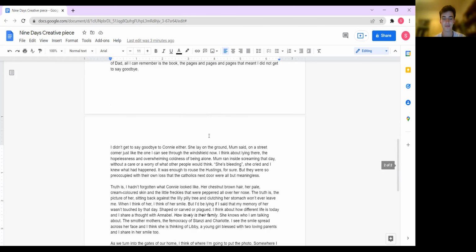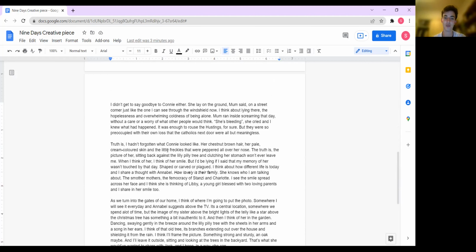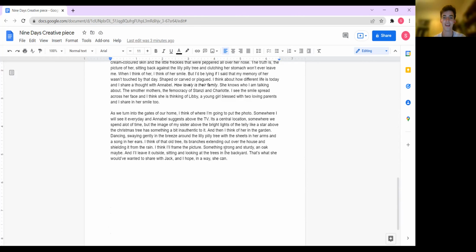It escapes me. Okay. If you do include a simile or a metaphor, I'm sure there is one here somewhere. One I'm struggling to find now, of course. But here it is, like a star above the Christmas tree. So that's a simile because we're using the word like. That's something that you definitely want to explain in the statement of intention if you have to write one of those.